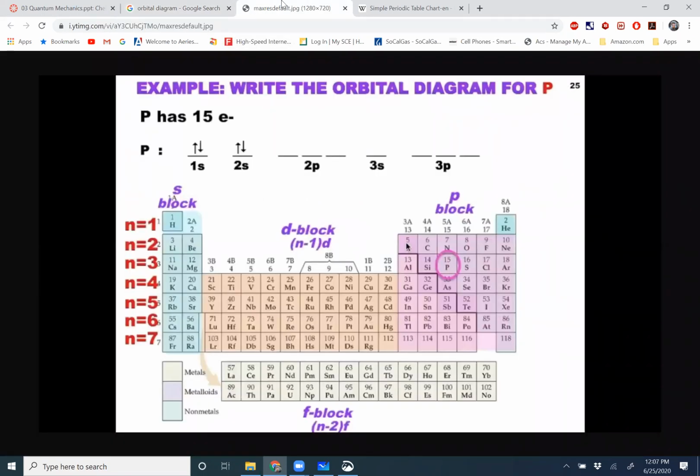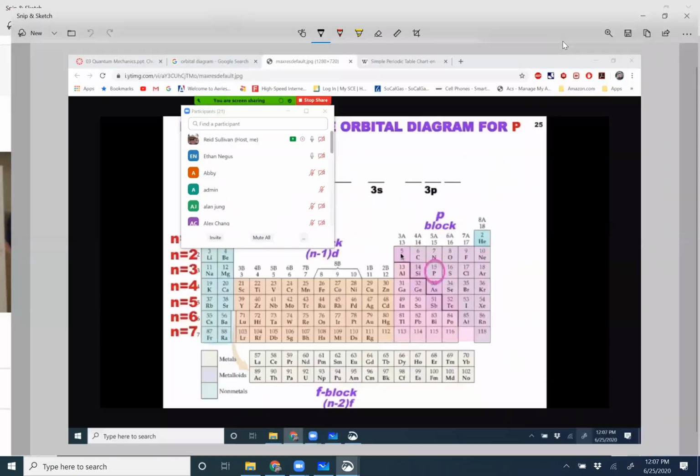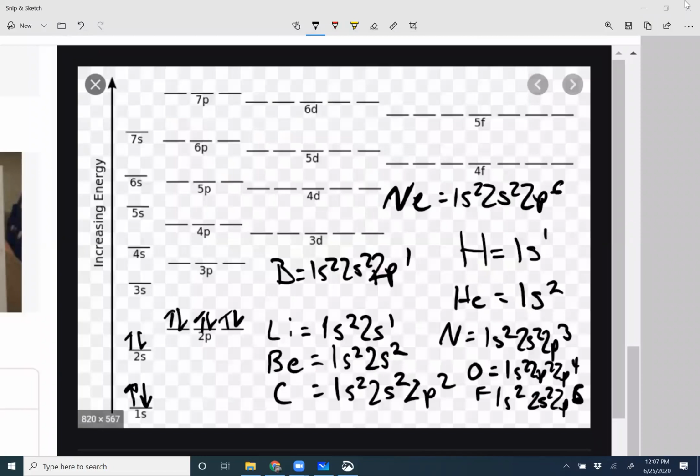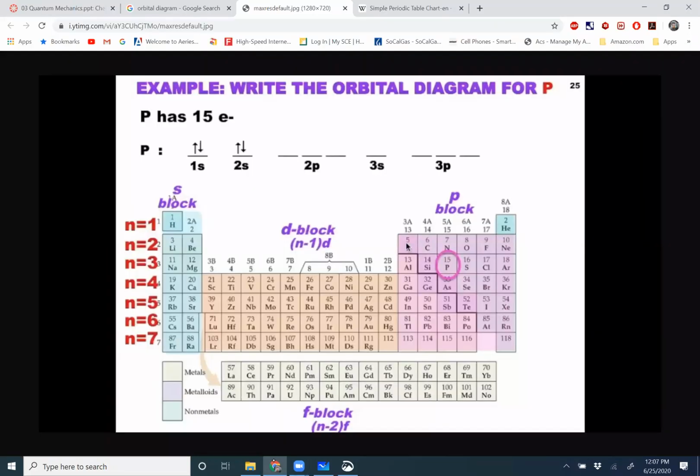So here is the periodic table split into the 4 orbital regions: the S block, the P block, the D block, and the F block. And we can use the periodic table to also write electron configurations. Let me move that out of the way and do a different snippet. Sorry. I keep that open so I can admit you guys if you get dropped out.